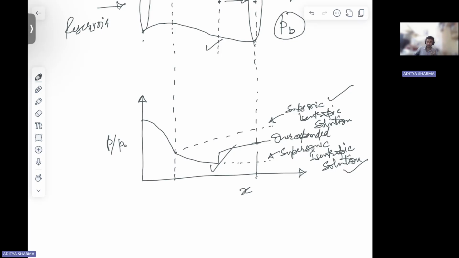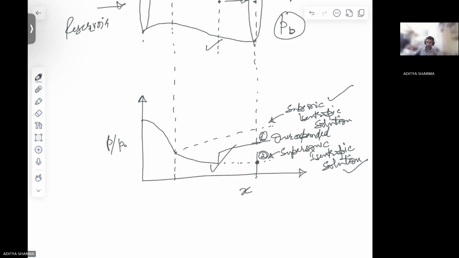Now there is another case. Let's say this is point 1 and this is point 2. Now if your back pressure goes below point number 2, which is the ideal case, the isentropic flow case, your design case, what will happen?